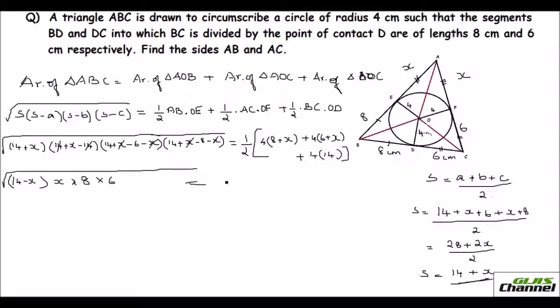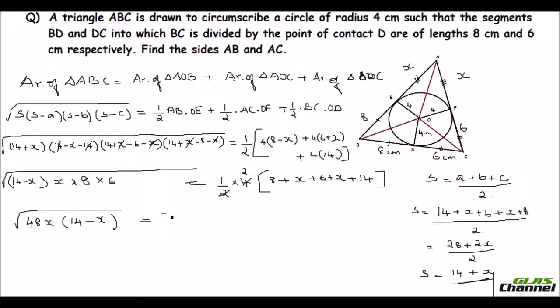Equals, here you can take the half and even the 4 I can take out, I guess, because you have 4 everywhere, right? I've taken that out. So you're left with 8 plus x plus 6 plus x plus 14. This 4 will get cancelled here and it becomes 2 now. This is equal to the square root of 48x times 14 plus x, right?